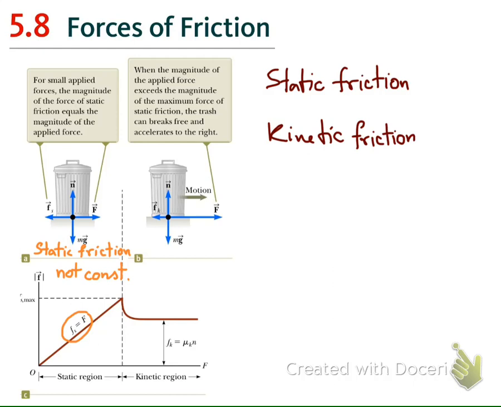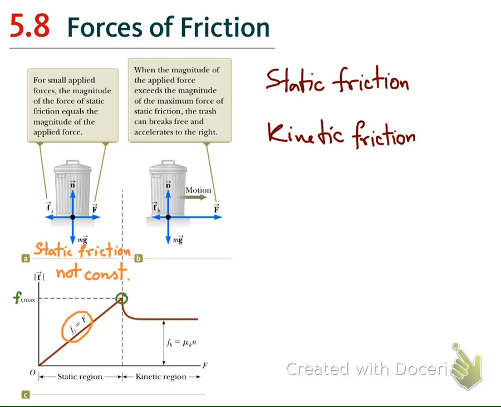From experiment, we found that the static friction will increase with the applied force until it reaches a maximum value, and in this figure it is this point, the maximum value of the static friction, Fs max.